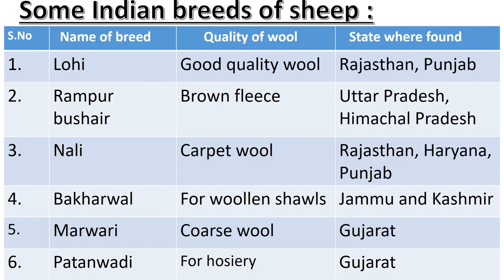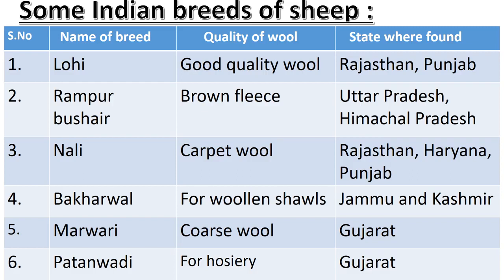Bakarwal is another breed of sheep. The wool produced by these sheep is used for woolen shawls and they are commonly found in Jammu and Kashmir. The fifth breed is Marwari.